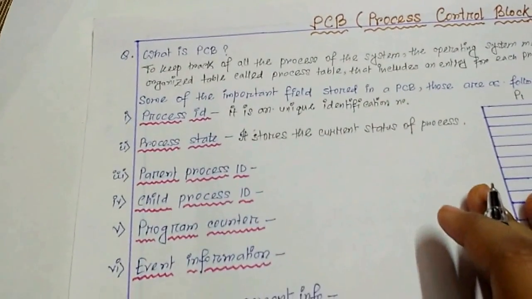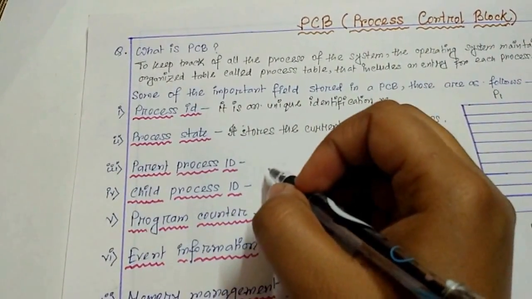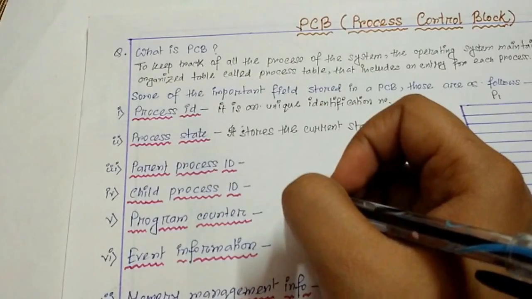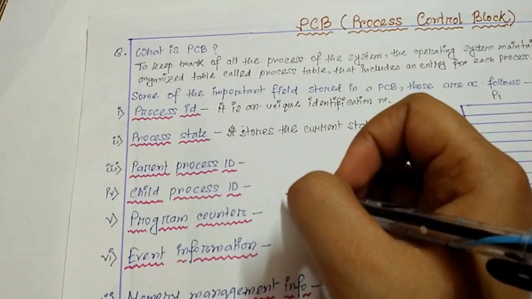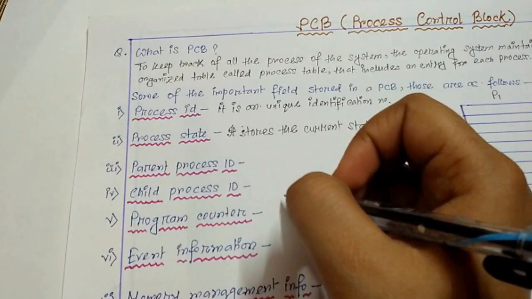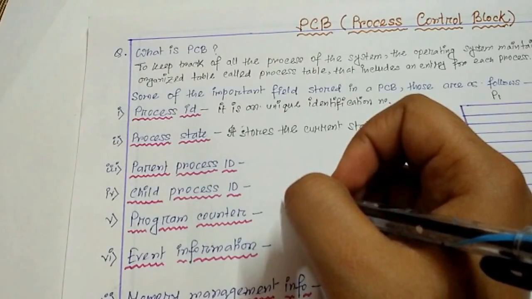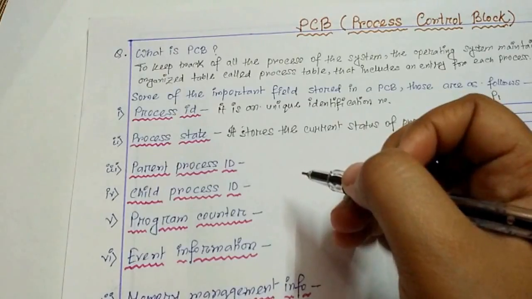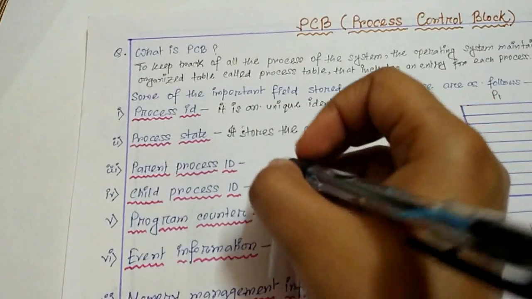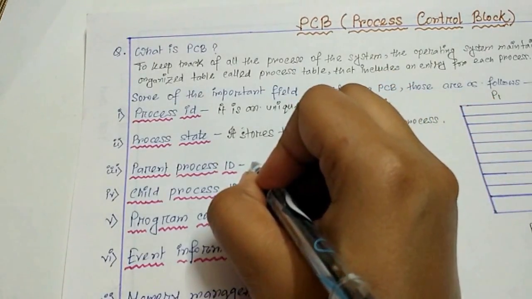Then comes parent process ID. What is parent process ID? It stores the PID of the parent if the process has been created by some other process. PID means process ID.